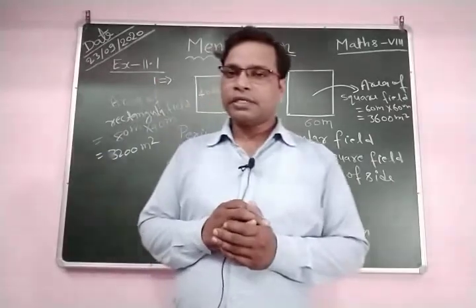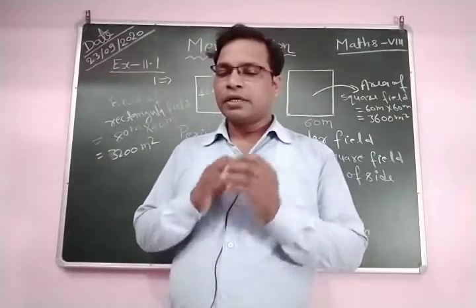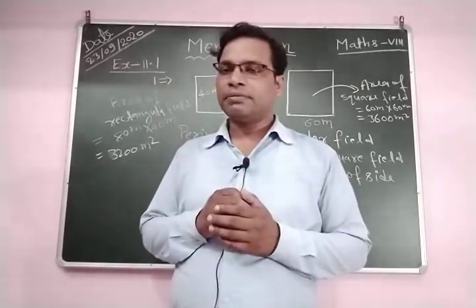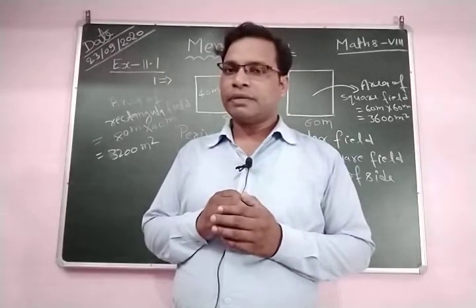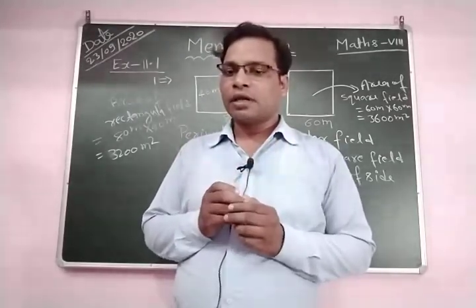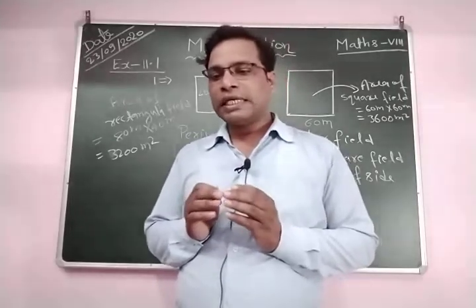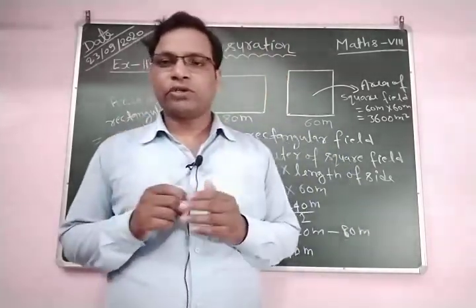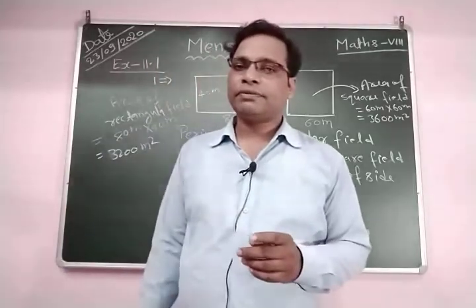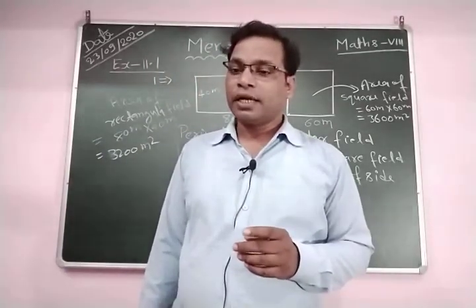Okay, so here the dimension of the plot is given 25 into 25, which means the area of the plot is equal to 625. Area of the plot, or you can say area of the field, is equal to 625 meter square.